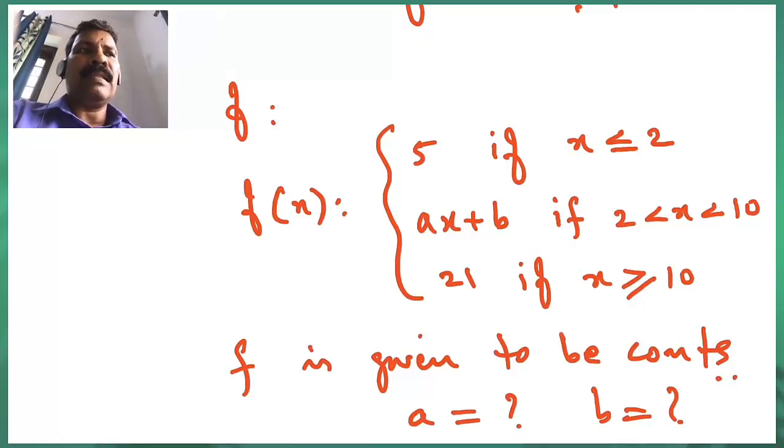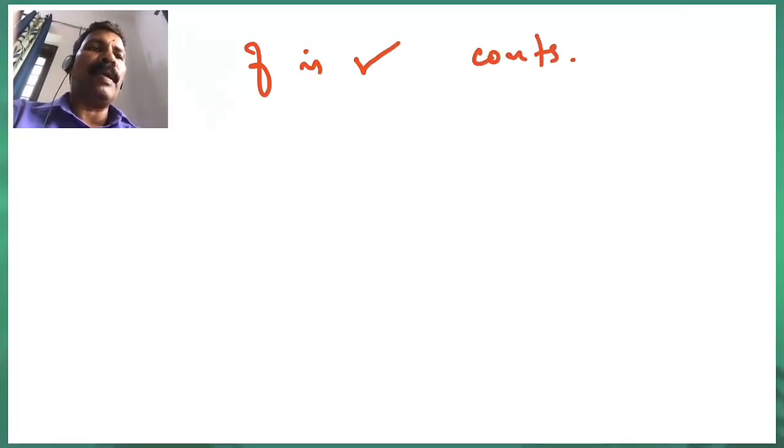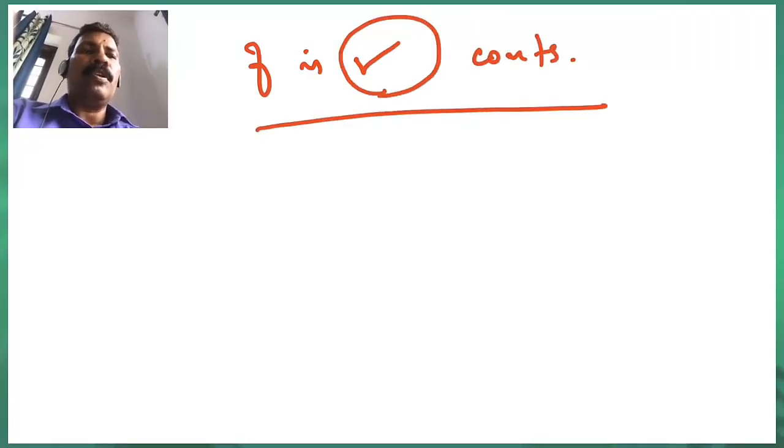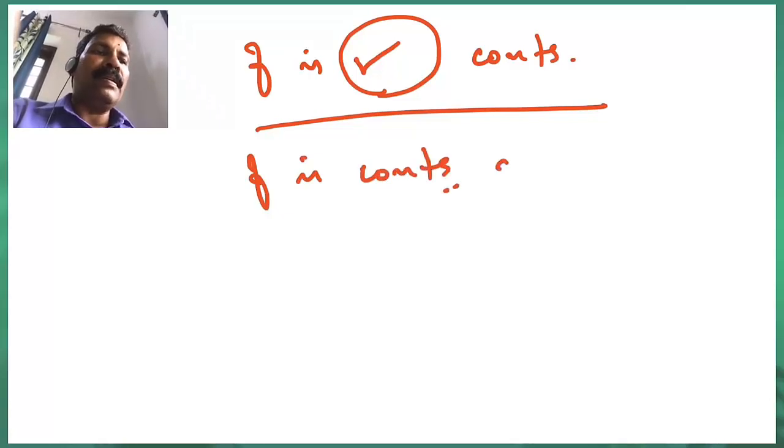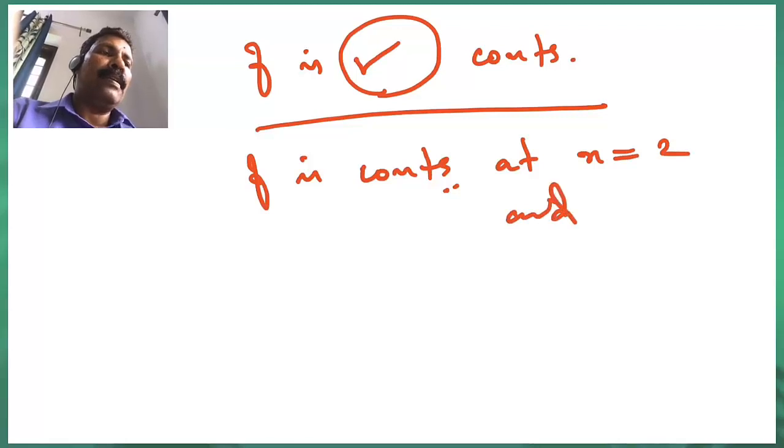Since f is given to be continuous, it is continuous at every point. In particular, f is continuous at x equal to 2 and at x equal to 10.